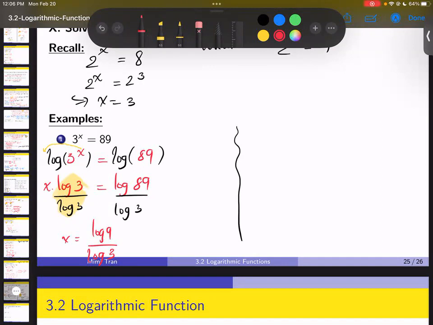It'll give you roughly 4.0857. On the exam, I'll tell you how many decimal places I want you to round. That's method 1.